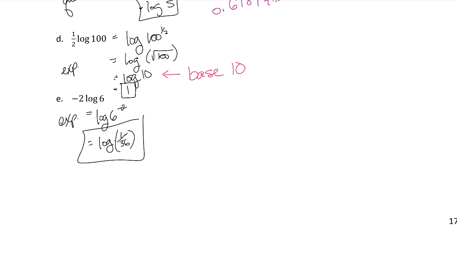Punching that into my calculator, I could go log of 1/36. And again, remembering that depending on your calculator, it already puts in the bracket for you, so that's kind of nice. And we get a value of -1.5563.